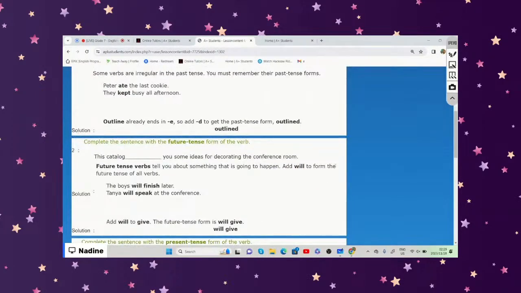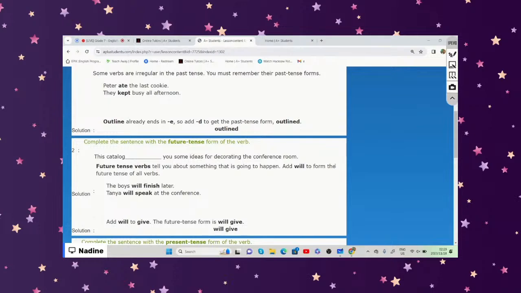And then we said when it comes to future tense, right? We basically add will to form the future tense of that verb. So the word will shows the future tense, right?